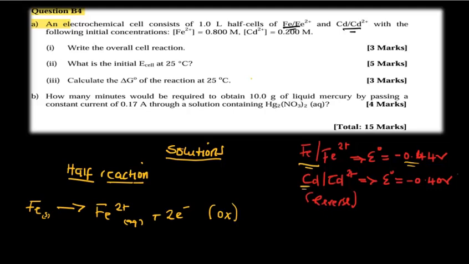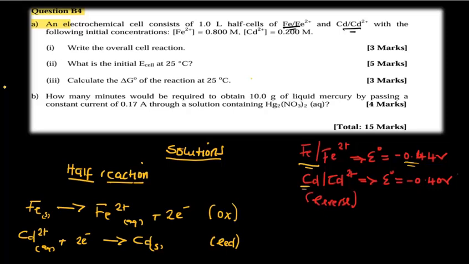Then this one is the reduction reaction. So it will be Cd 2 plus aqueous plus 2 electrons. What we are producing is just the reduced form of cadmium, so this side it will be solid, and this is the reduction reaction.